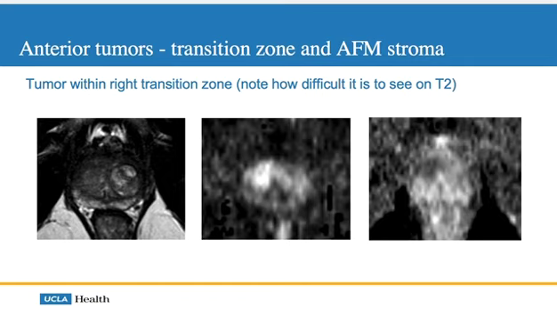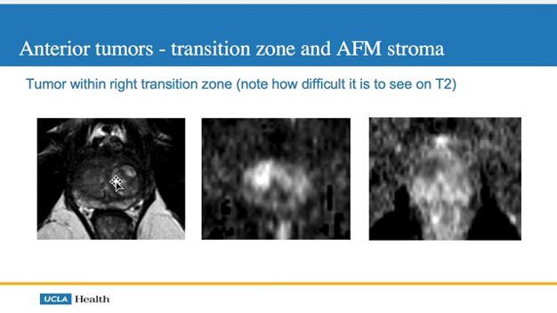So here is an example of, on the left side, we're looking at our T2 image here, and you can see the peripheral zone here in the posterior looks reasonably homogeneous, reasonably hyperintense as you'd expect.